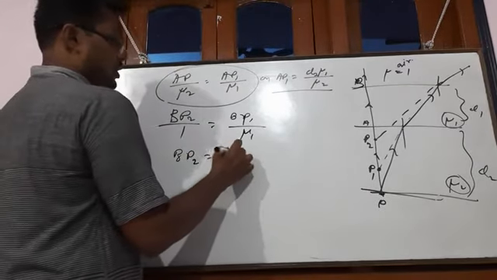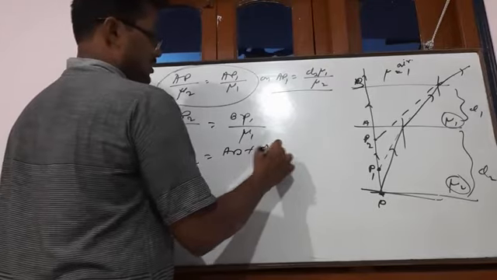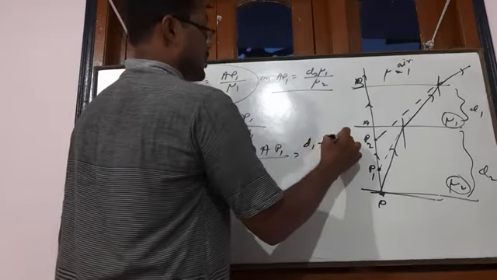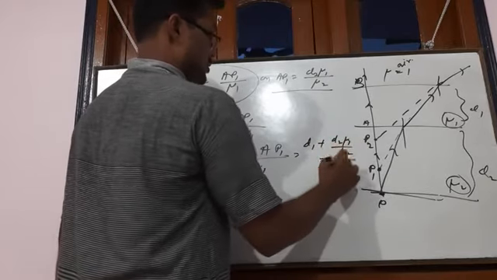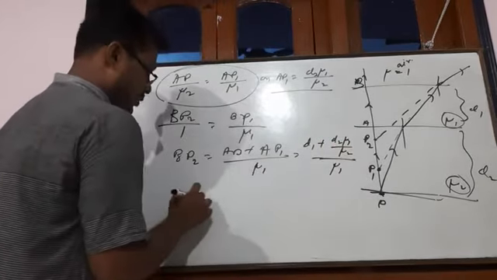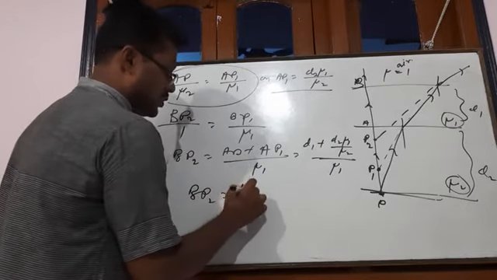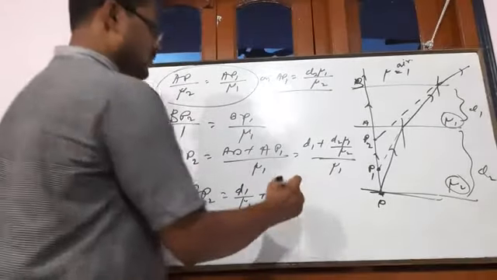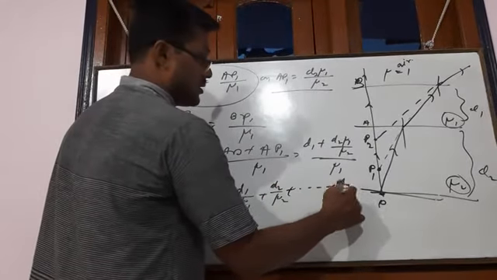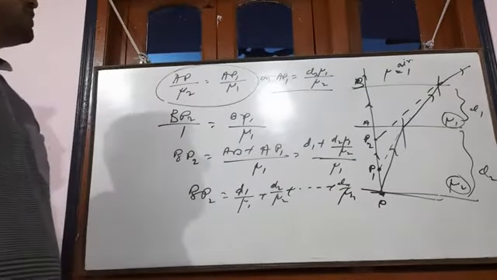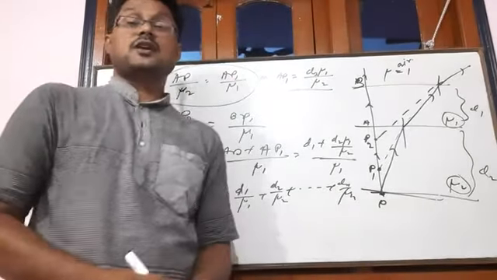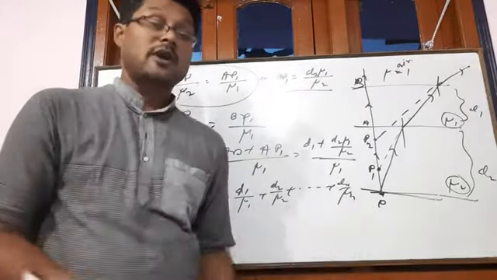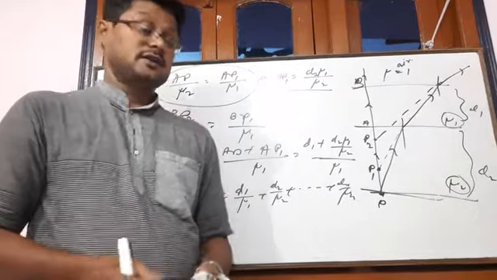Then BP2 equals AB plus AP1 by mu1, and AB is d1 plus d2 mu1 by mu2. Here we get BP2 equals d1 by mu1 plus d2 by mu2. So if n numbers of media are present, it continues up to dn by mun. This is the expression for apparent depth if more than one refracting medium is present.